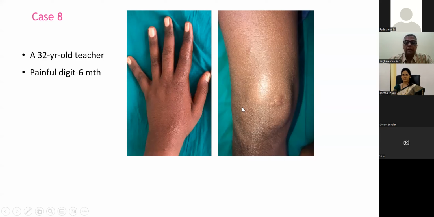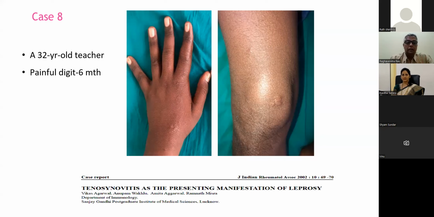When we examined him, we thought it could be Hansen's disease, and in fact it was Hansen's disease presenting as phalangitis. That is one of the rare presentations of leprosy. We should consider Hansen's disease and do a thorough examination and look for the presence of skin lesions.